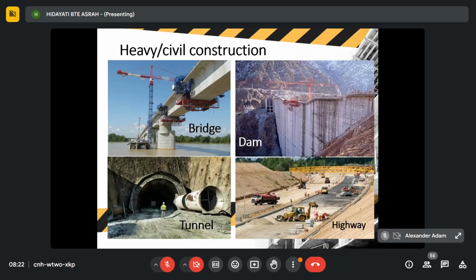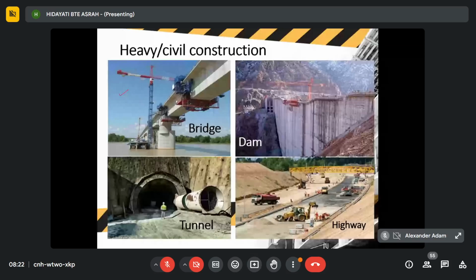This type of construction includes projects such as highway construction and bridge construction. You can see from the slide an example of bridge construction, and also tunnels, dams, airports, railways, ports, water supply systems, sewage treatment plants, and so on. These are some of the examples.